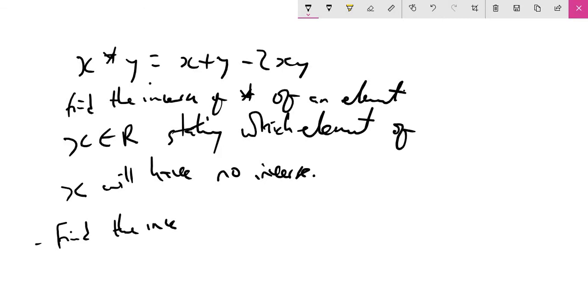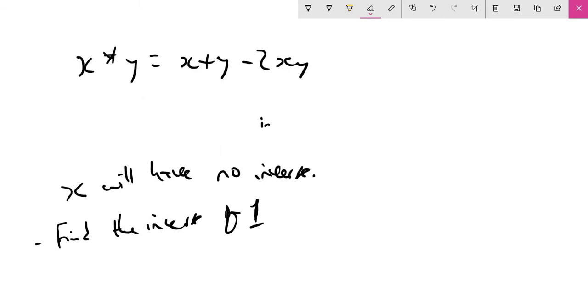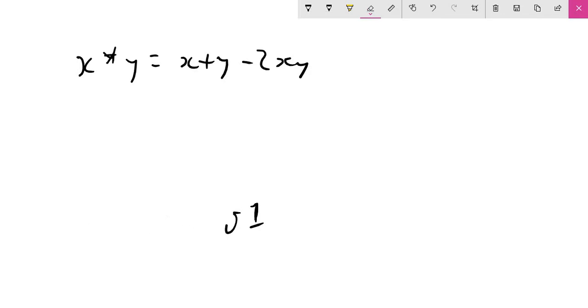And then find the inverse of 1. If you have an idea, you can try this out, but I'm just going to clean this to free up space and leave the expression, so that we are going to find the inverse and then determine which elements of x won't have an inverse, and also find the inverse of 1.